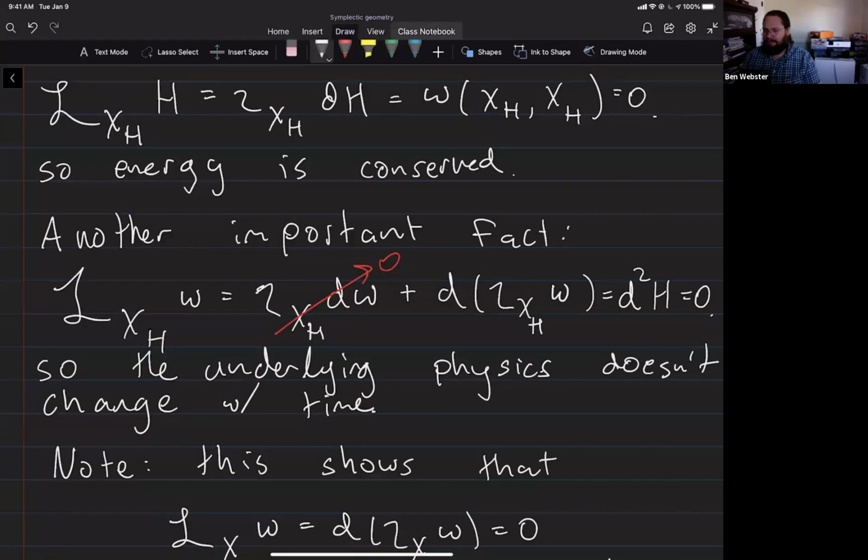So like I said, at least one way I like to think about this is the metric doesn't appear. Usually you would think of physics as depending on distances between things, but actually the metric of R^n doesn't make any appearance here. You only need to know the symplectic structure on the cotangent bundle.